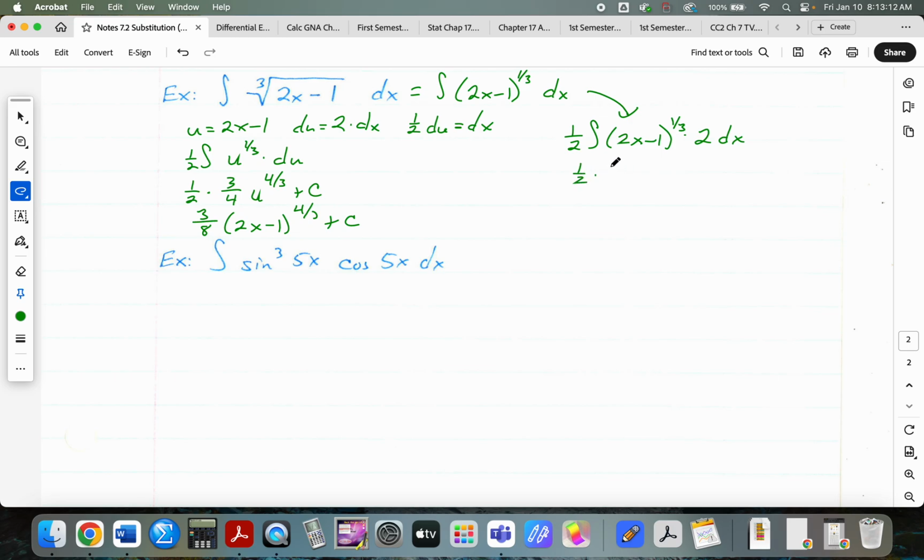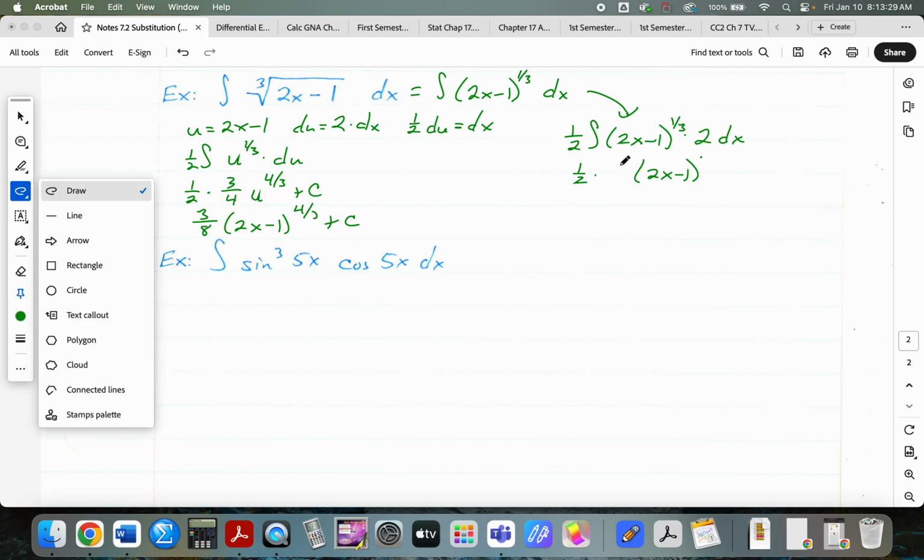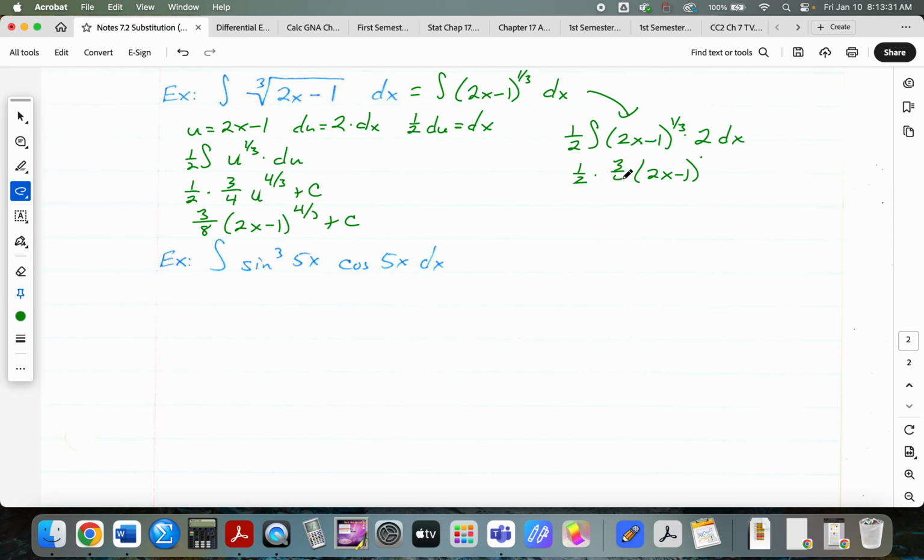It's 1/2 times 3/4 of 2x minus 1 to the 4/3. Plus c, and we get exactly the same thing, 3/8 of 2x minus 1 to the 4/3 plus c.